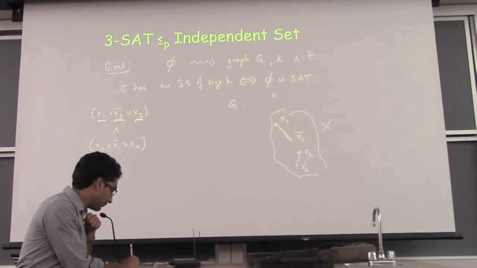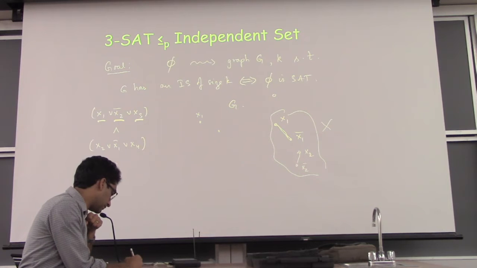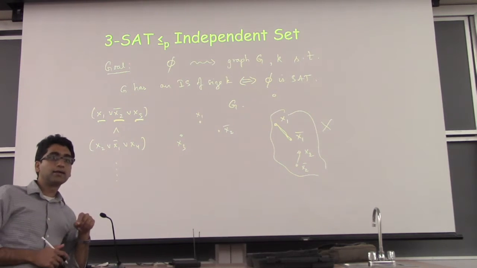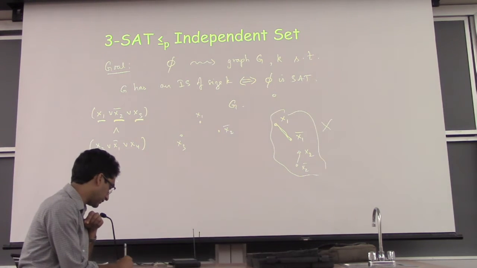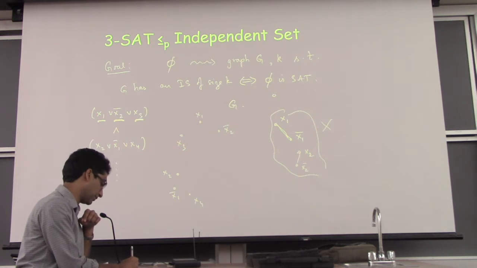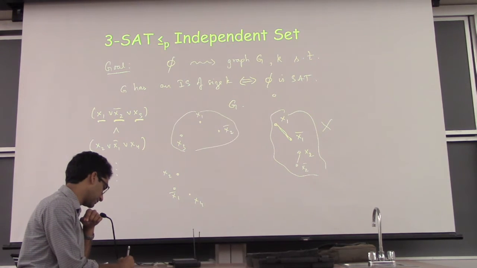So maybe I'll have x1, x2 bar, x3. Okay. And you have a different clause which is x2, x1 bar or x4. You have a different clause here and so on. Okay, so this is for the first clause, for the second clause and so on.